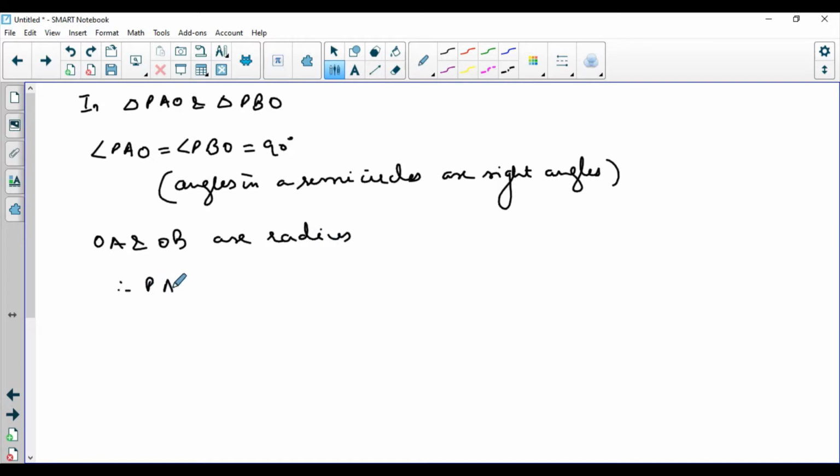Therefore, PA and PB must be tangents. Why? Because the radius tangent theorem says radius and tangent will always be perpendicular to each other. So if one line is perpendicular to the radius, that line must be a tangent. Okay, so this is the justification of the construction.